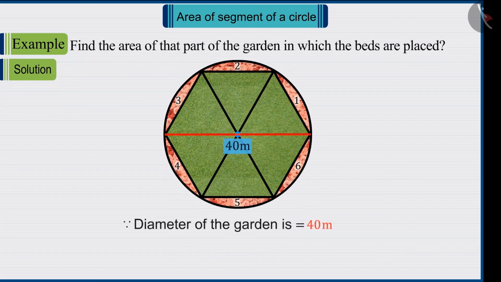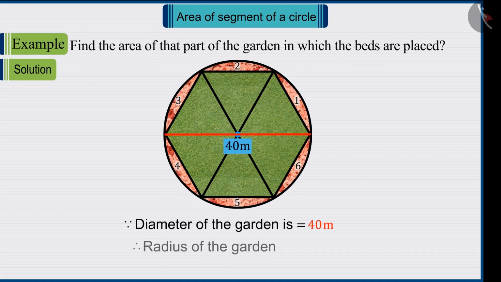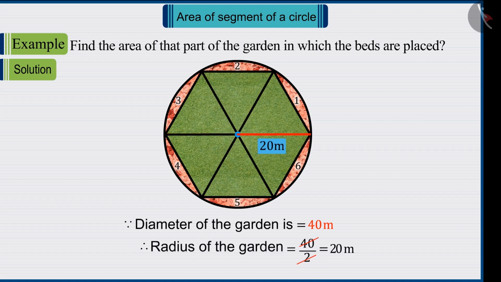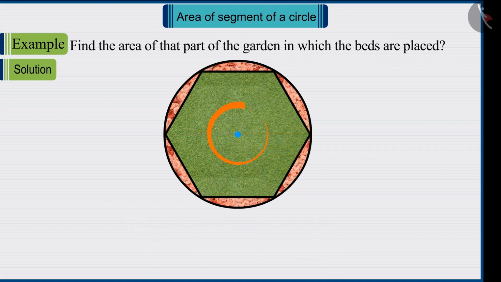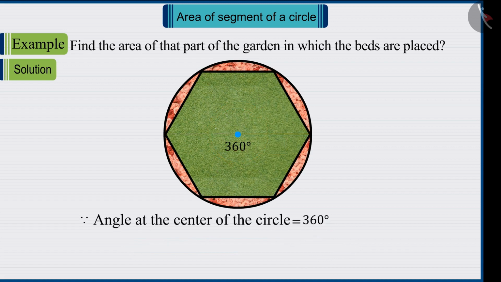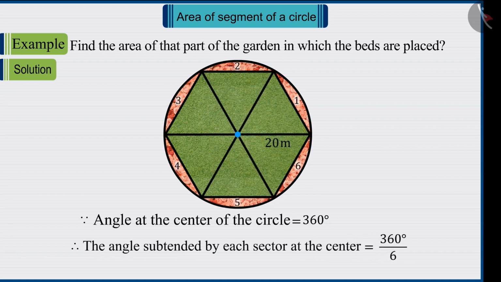Since it is given that the diameter of the garden is 40 meters, therefore the radius of the garden will be 20 meters. So, we can say that the angle subtended at the center by each sector will be 60 degrees, which is represented as follows.